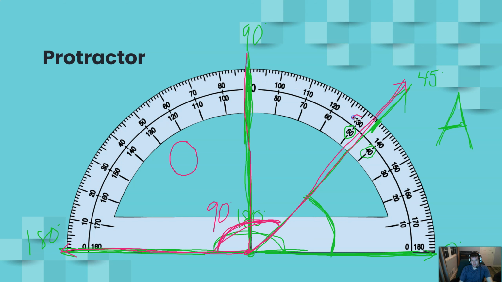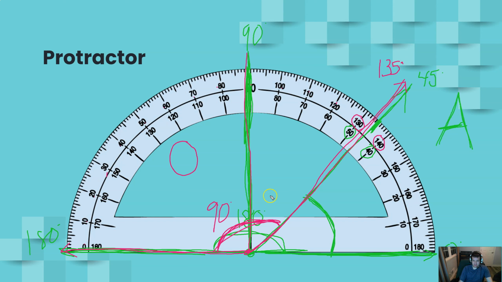Do you see how this falls in between 130 and 140, right? As you're counting, you're going 0, 10, 20, 30, 40, 50, 60, 70, 80, 90, 100, 110, 120, 130. Notice how it's halfway in between 130 and 140. That would be 135 degrees.